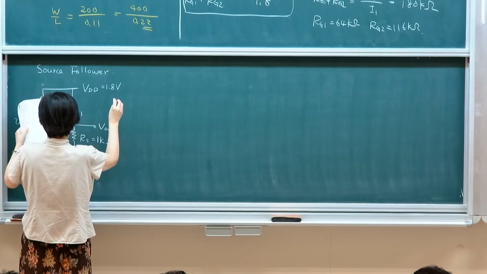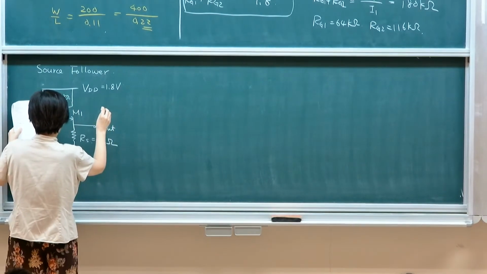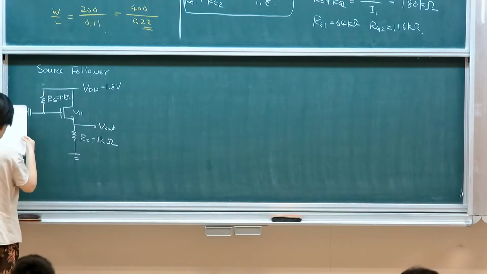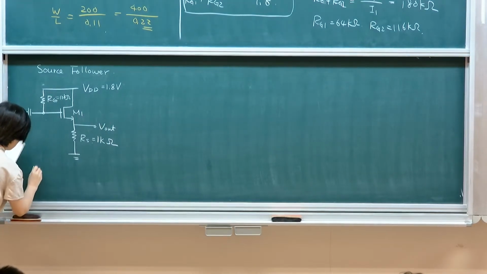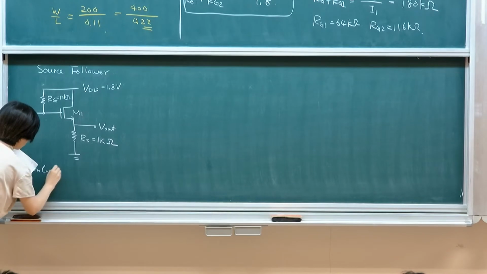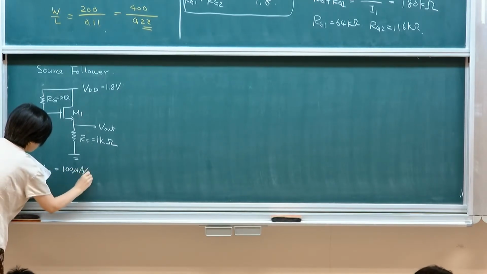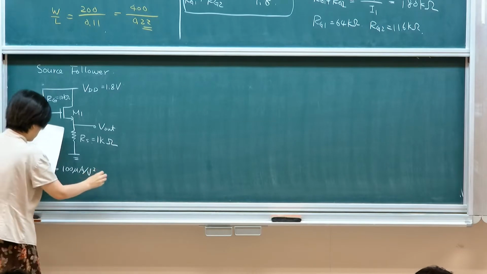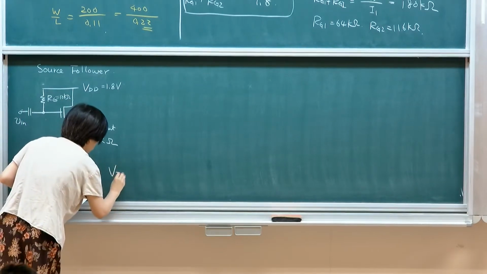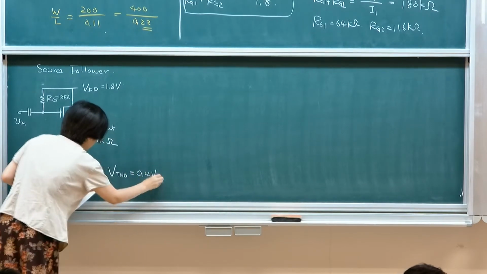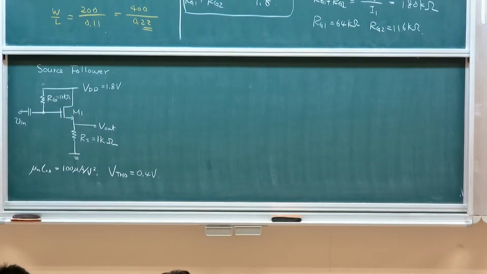Let me see what the parameters are. So we're going to give you the threshold. Okay, once again, mu and Cox. I'm going to use the same mu and Cox, which is 100 microamp per volt squared. And VTH0, meaning that it has zero body bias, is 0.4.